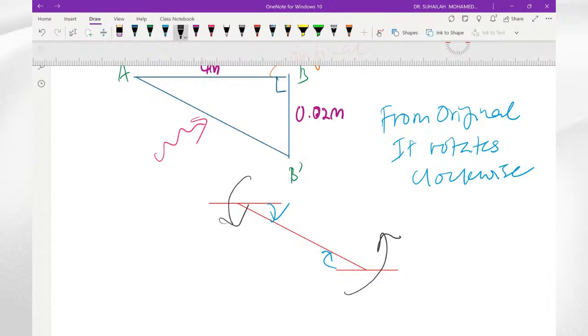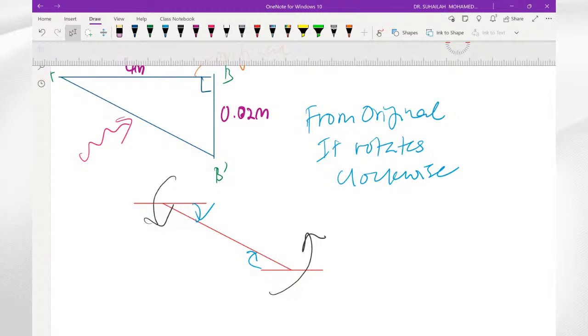The black arrow represents the fixed end moment. Black arrow representing fixed end moment, or moment.